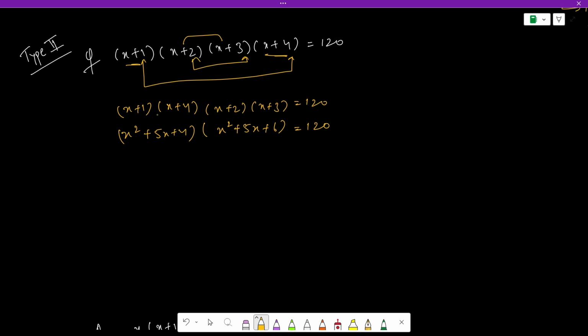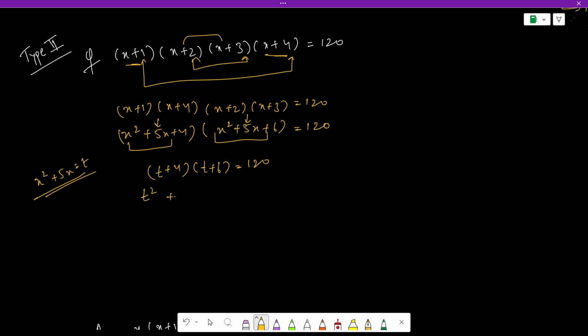Now you can see why we did this: because their sum is the same, the coefficient of x comes out to be the same, and this complete expression can be substituted as t. So let's take x square plus 5x equals t. So this becomes t plus 4 into t plus 6 equals 120.